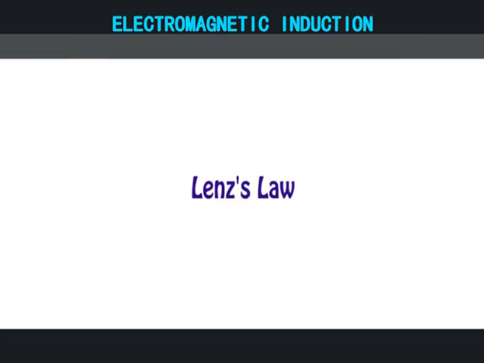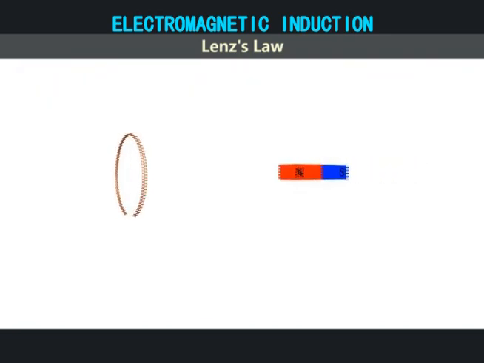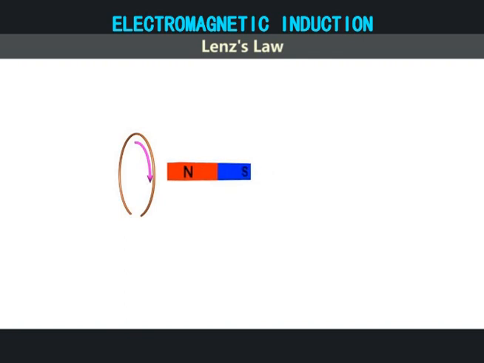We need to discuss another law called Lenz's law, and to understand it, two quick things to remember. You and I know that a current-carrying conductor has a magnetic field around it. And here again we are saying that if we bring a magnetic field near a conductor, we induce current in the conductor.